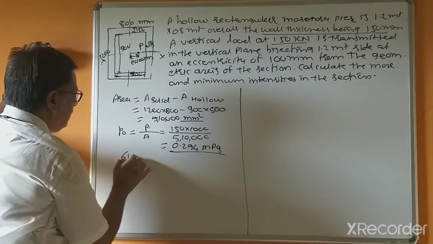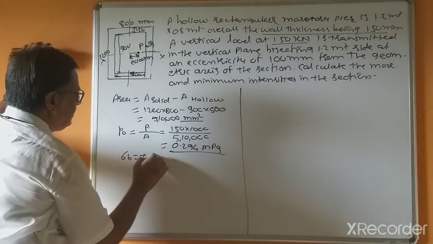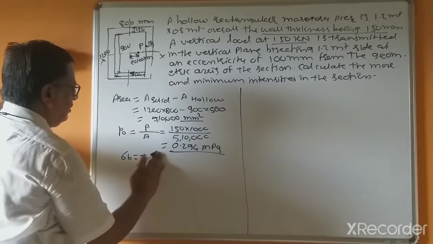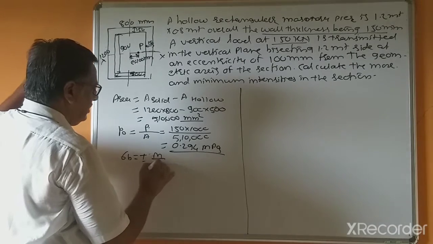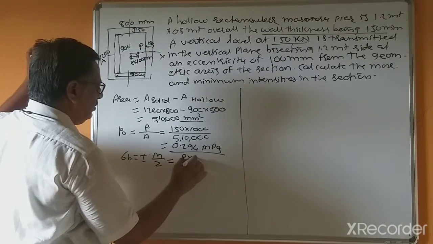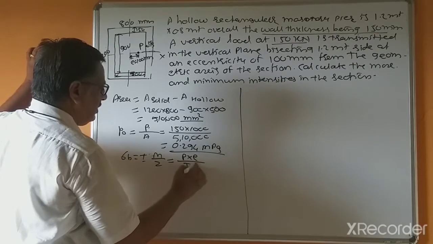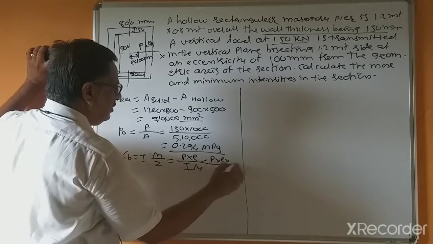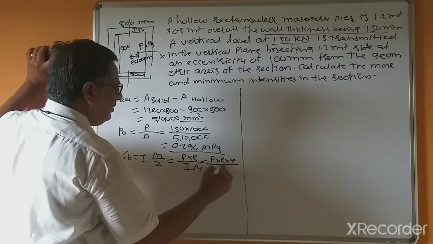Bending stress equals plus minus M divided by Z. This is P into E divided by I divided by Y, or P into E multiplied by Y divided by I.